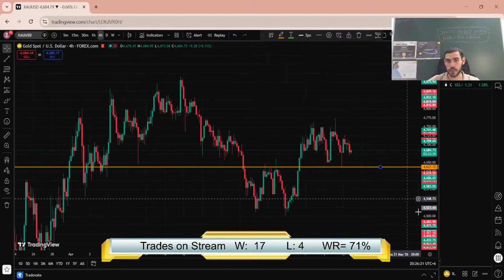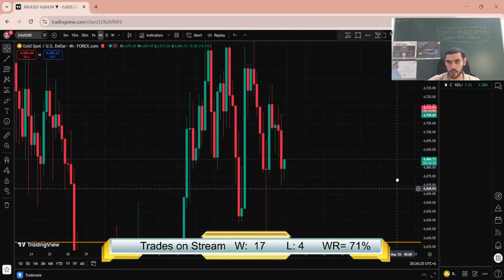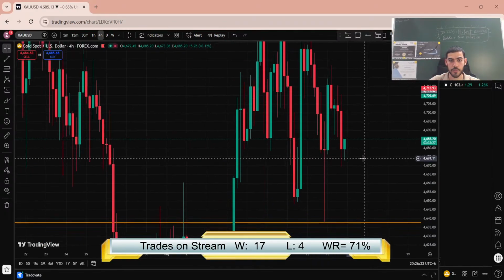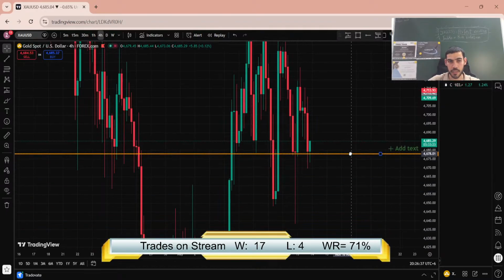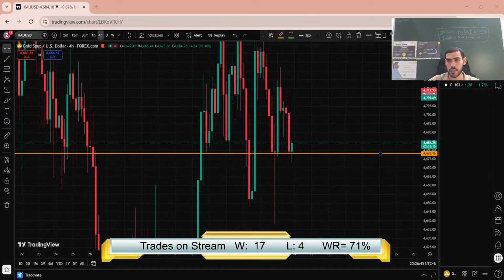On the 4-hour time frame, oh wow, this 4-hour just opened around 30 minutes ago, and we have about 4 minutes for this 30-minute candle to close. As you can see here, this is a strong support area. Price rejected many times from this area, created a support and resistance line.